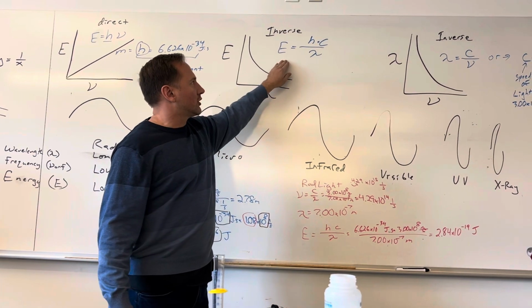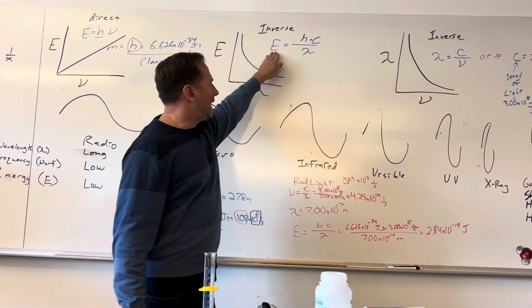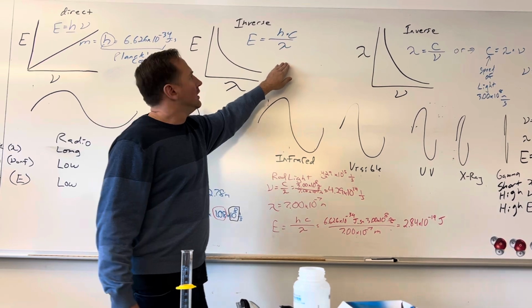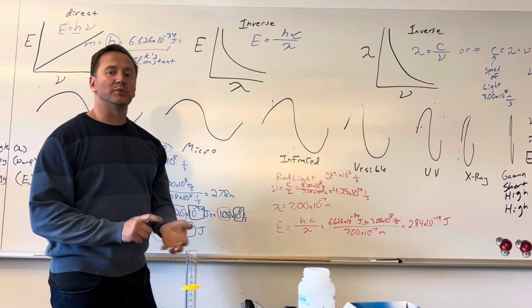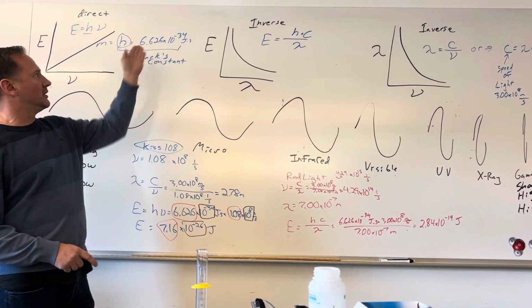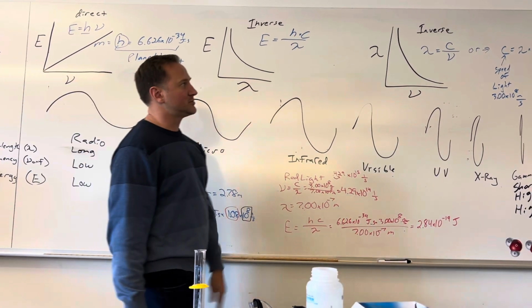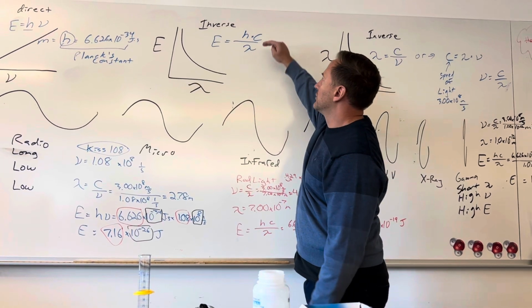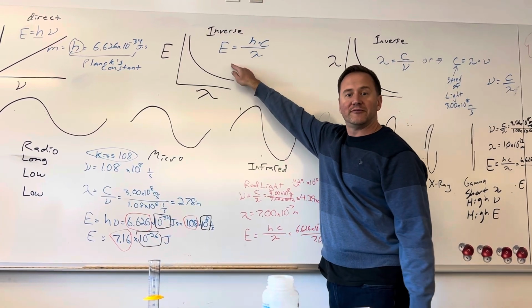And if we generate an equation for that, the y, energy, is going to be equal to something over that x. And that something is going to be equal to Planck's constant, which we just put right here, a very, very small number, times the speed of light, which is a relatively large number. But when you divide the product of those by the wavelength, you'll get the energy for that photon.